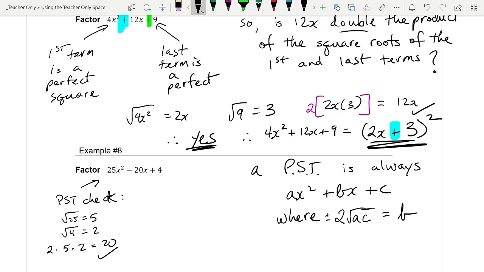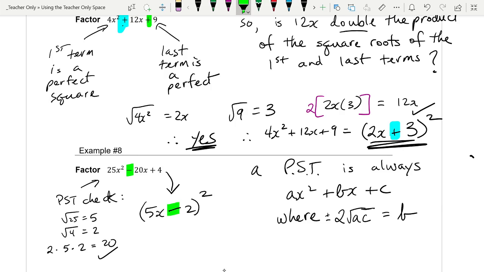Check. Therefore, this thing has to factor into (5x minus 2) squared. Now, why is it a minus? Because that's a minus. And that's all there is to these.